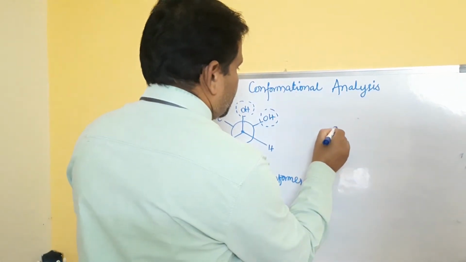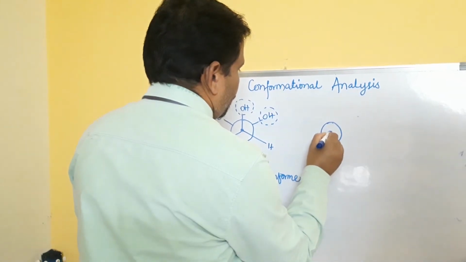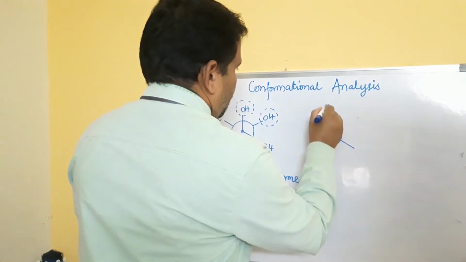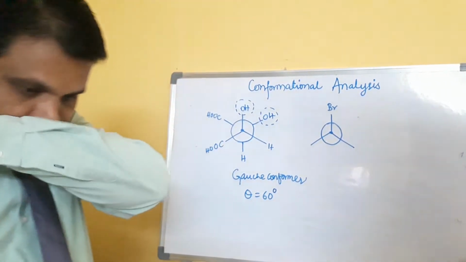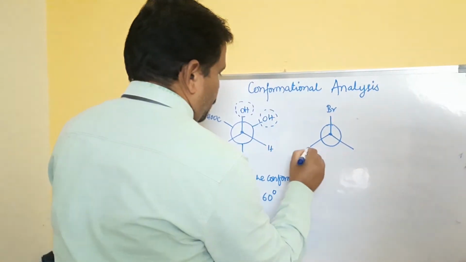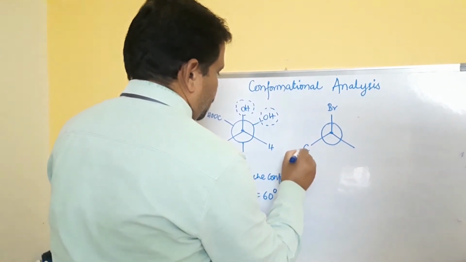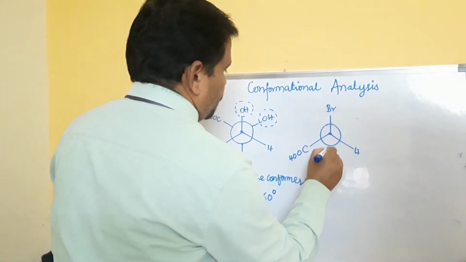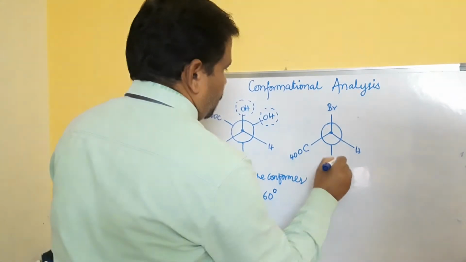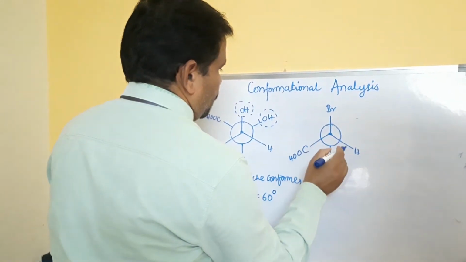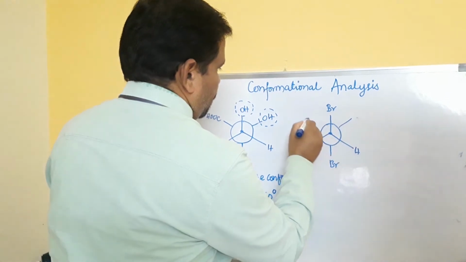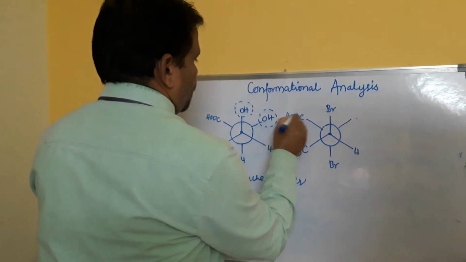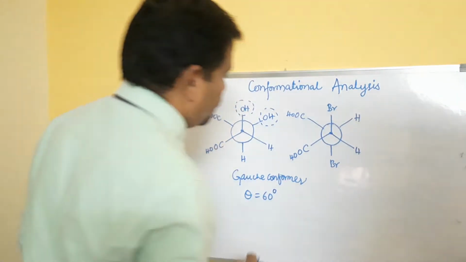So I'll give you one more example. Bromine, COOH and hydrogen; bromine, COOH and hydrogen. Okay.